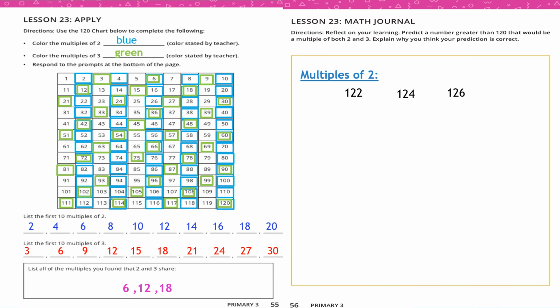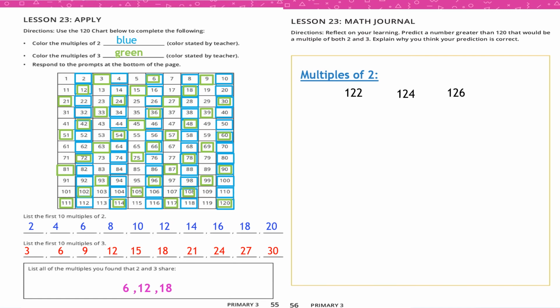Let's see if these numbers are multiples of 3 or not. We said that if we want to know the multiples of 3, we will add the digits. 122. Let's add these digits. 1 plus 2, 3. 3 plus 2, 5. Is 5 a multiple of 3? Is it a product in table 3?